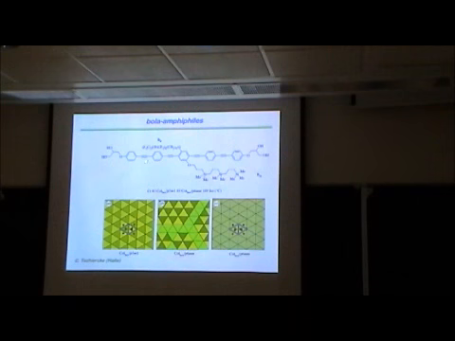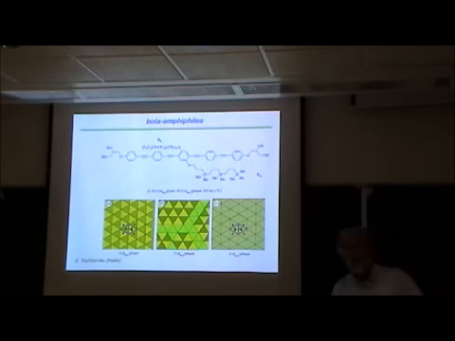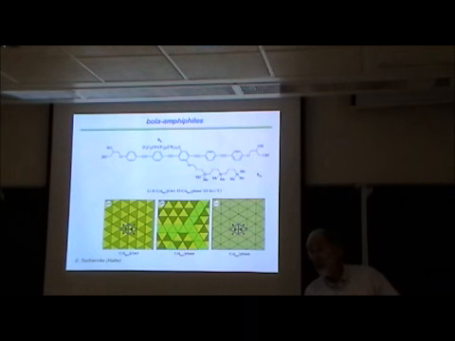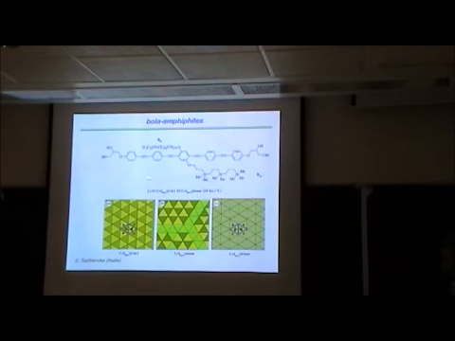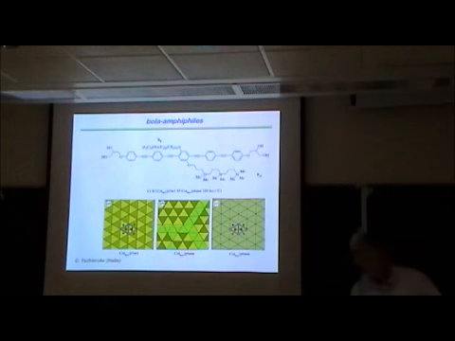In this paper, there are homologous series with different lengths of these chains and variations in the form. Then you get variations on these phases. Again, once you learn how to make this, then you do all the simple variations to see what happens.